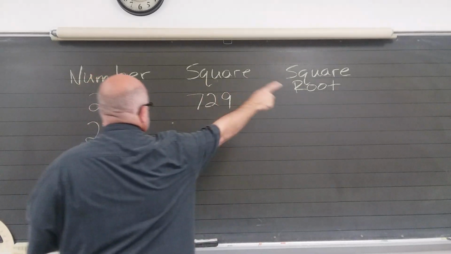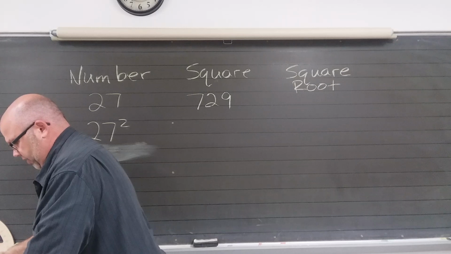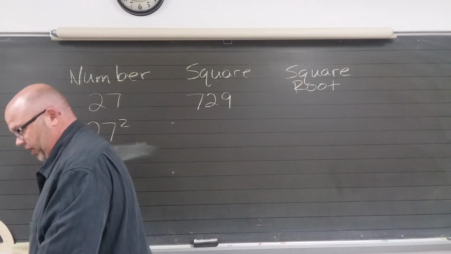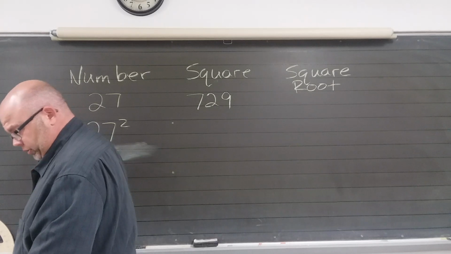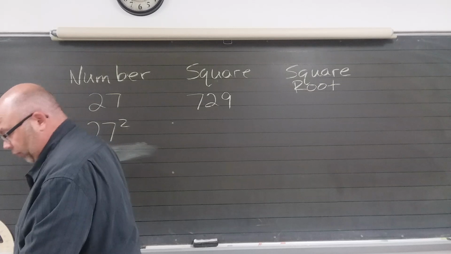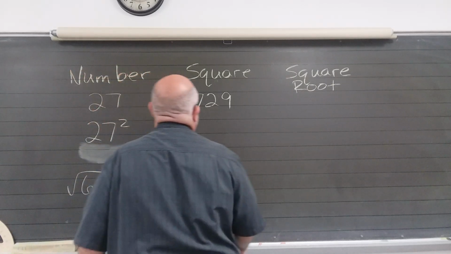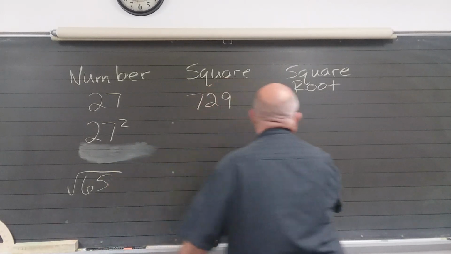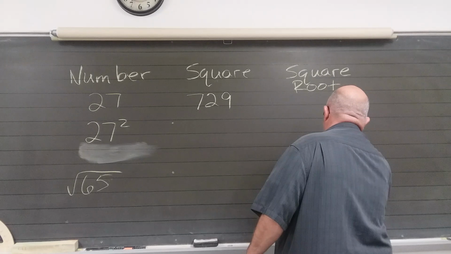You want the square root. So you look at 65 on page 352, find the number in the number column, go to 65, and there are 2 columns of numbers. The square root is 8.062.